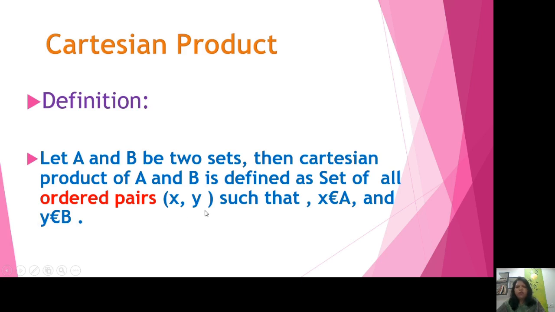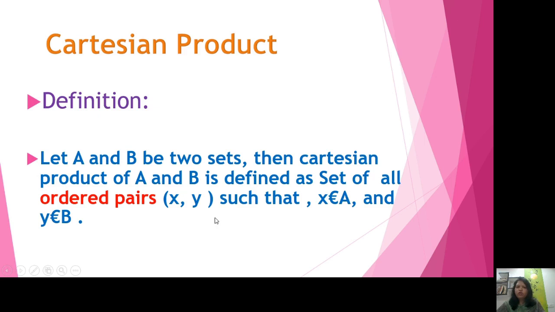Likewise, when we represent any number on a graph, its first number represents the x coordinate and the second number represents the y coordinate. Therefore, the point with coordinates (x, y) is not equal to the point with coordinates (y, x).